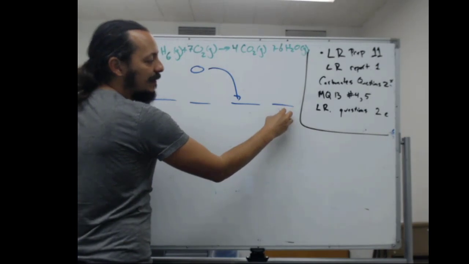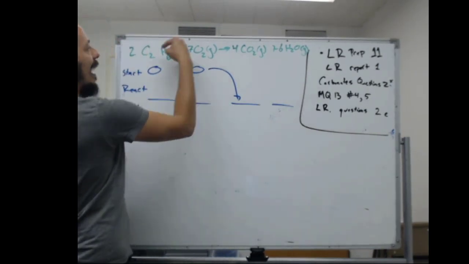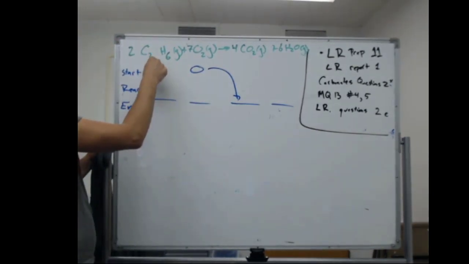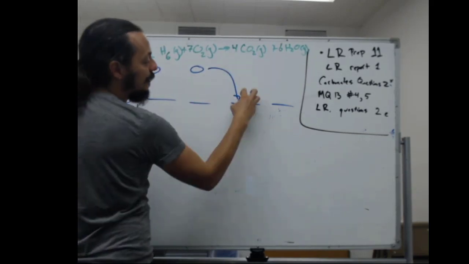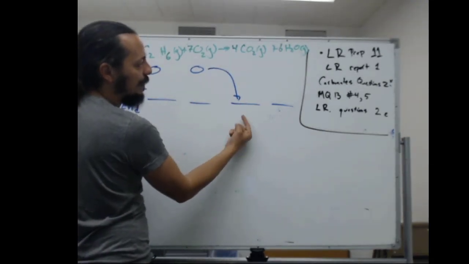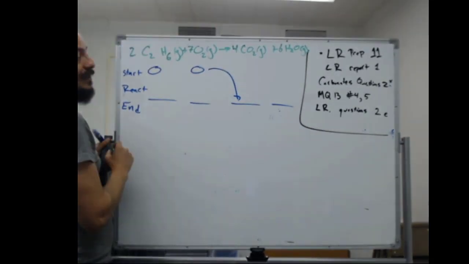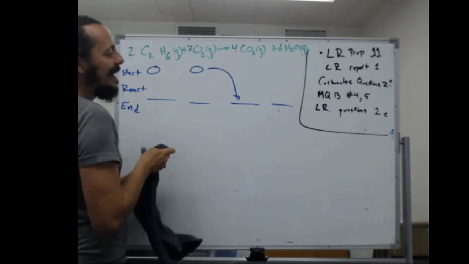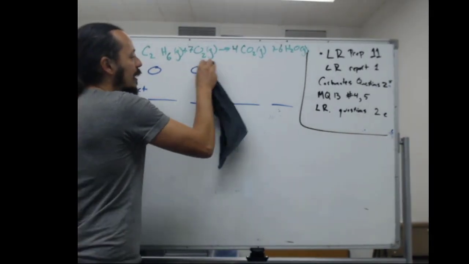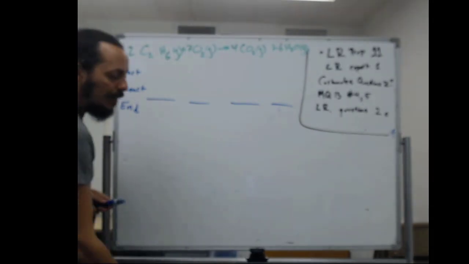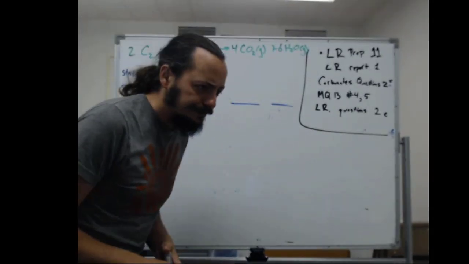We could take the amount of water that's produced and figure out how much C2H6 there must have been. We can take the amount of carbon dioxide produced and figure out the amount of carbon from the C2H6 there must have been. So we can actually do this backwards, not knowing what we started with, but knowing what we ended up with.